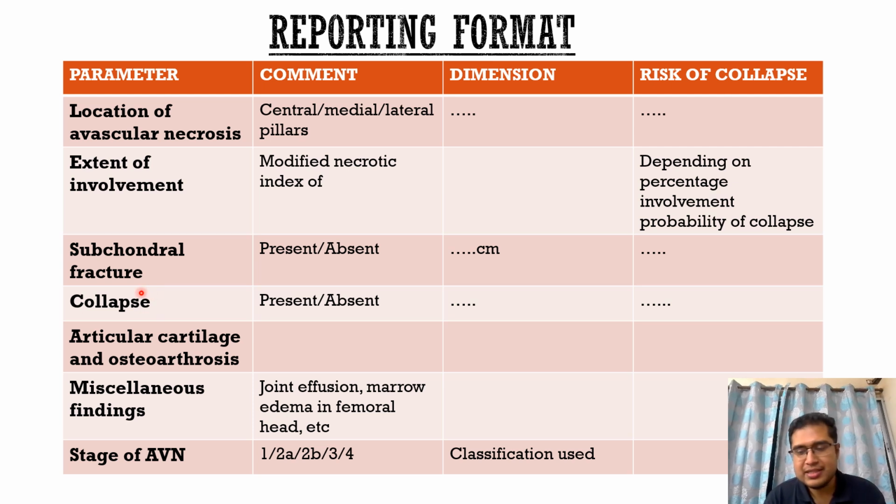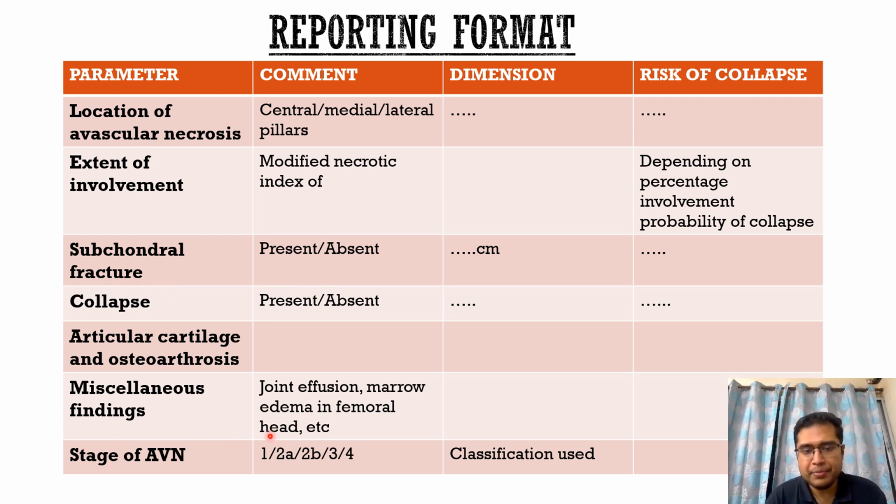Once collapse sets in, femoral head collapse sets in, the only treatment is hip replacement. Whether there is osteoarthritis present or not, once collapse has set in, the only treatment is hip replacement. Hence, it has to be conveyed to the clinician whether it's a pre-collapse stage or a post-collapse stage.